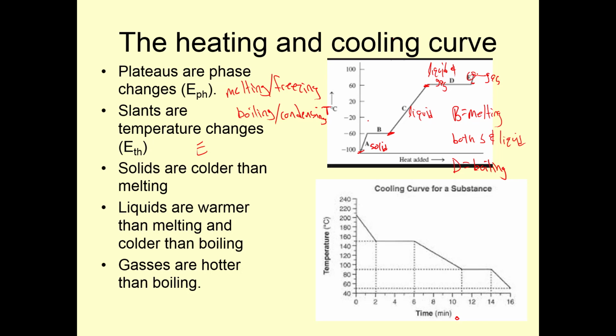The plateaus are where, notice, we're heating it all the time. When I heat it, sometimes the temperature doesn't go up. So where does that energy go? When I heat it and the temperature doesn't go up, it goes into the energy of the phase. I better write that down.